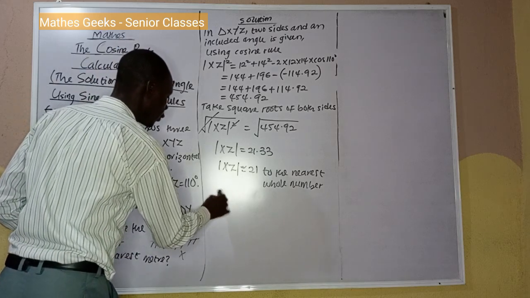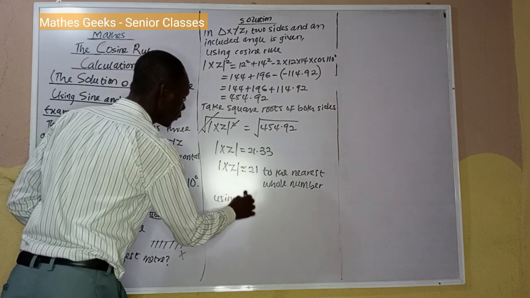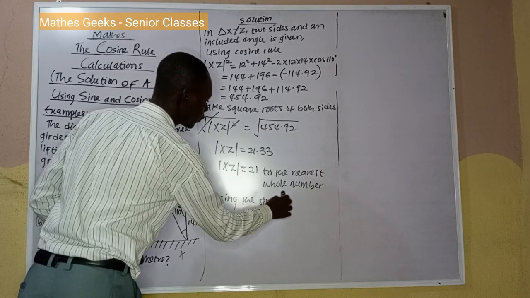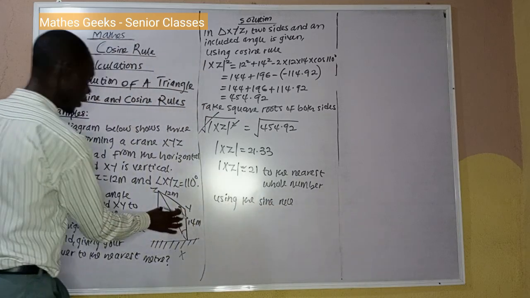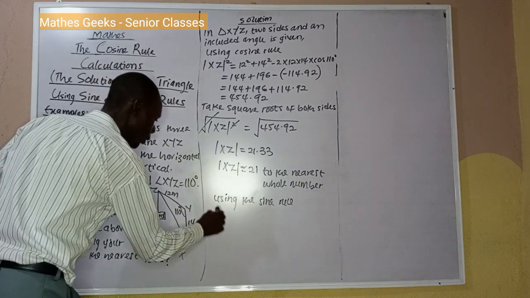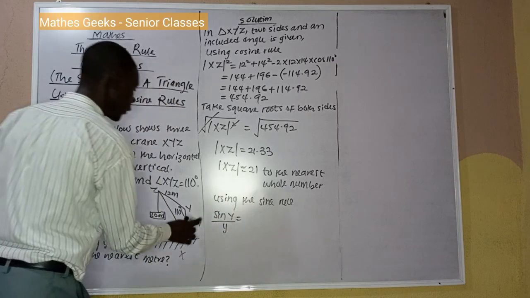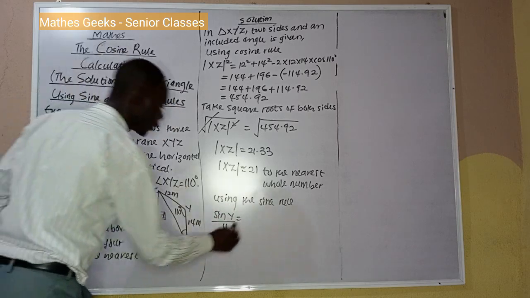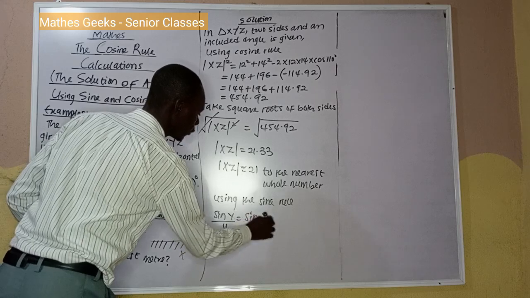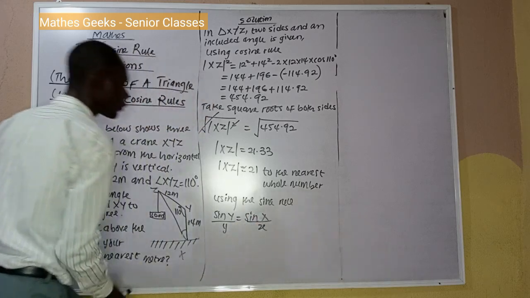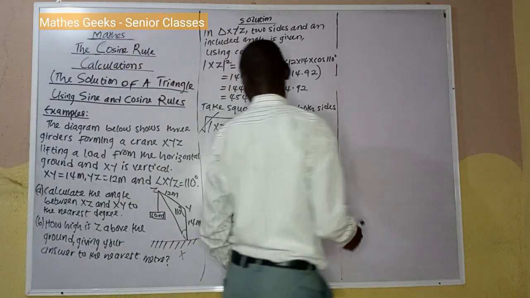To do that, we're going to use the sine rule. Now we know this angle on this side, so we're going to use sine y over y is equal to sine x over x. So let's put in the figures.